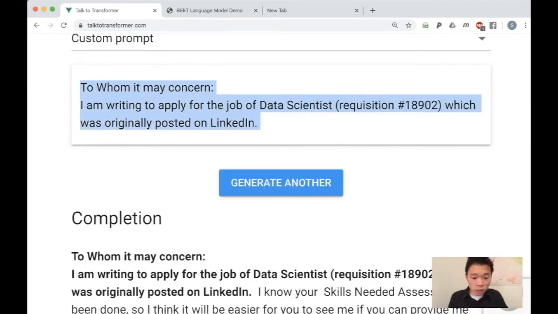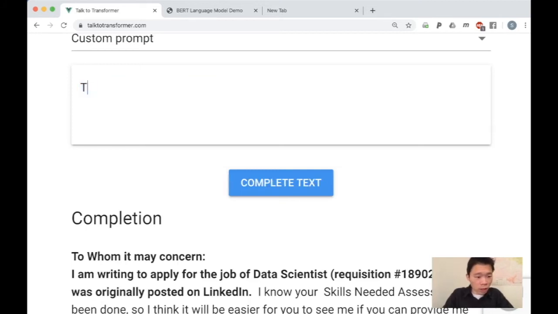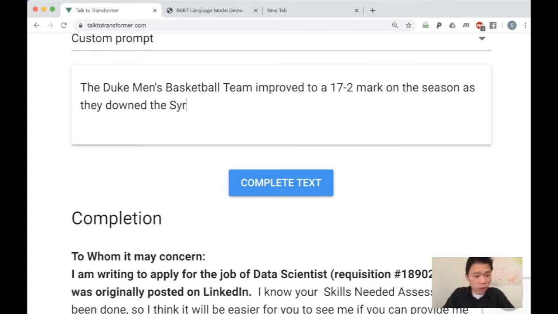This text generation works with basically any type of genre, and it should be able to pick up the genre. And so we could say the Duke men's basketball team. This was my alma mater, the Ware College, improved to a 17-2 mark on the season as they downed the Syracuse Orange last Thursday at 9 p.m. at Cameron Indoor.